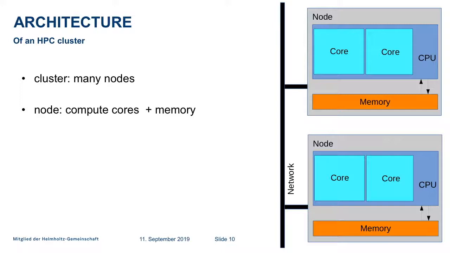is several nodes which are connected through a network. And each node has compute cores which have access to a memory. So already from this picture we see that to code a program for it we need two different ways of programming.